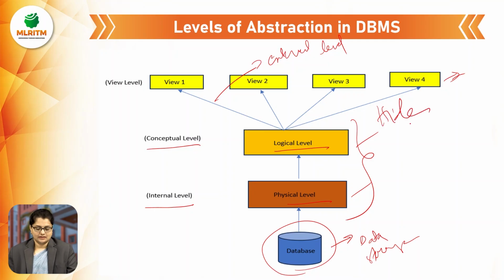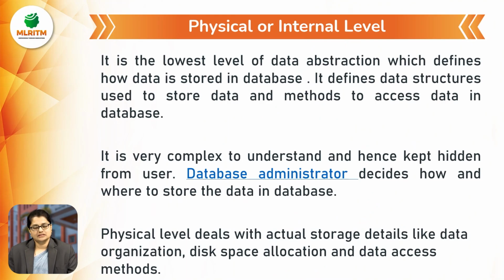Now, the physical or internal level. It is the low level of data abstraction. It defines how data is stored in the databases. It defines the data structures used to store data and the methods to access data in the database.